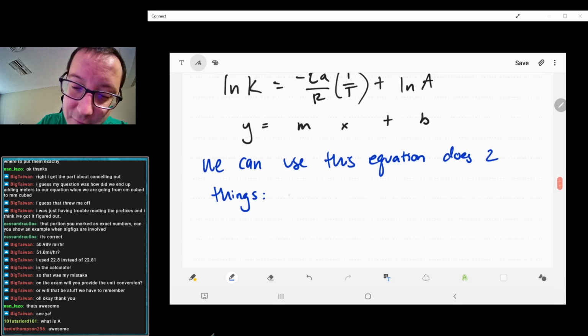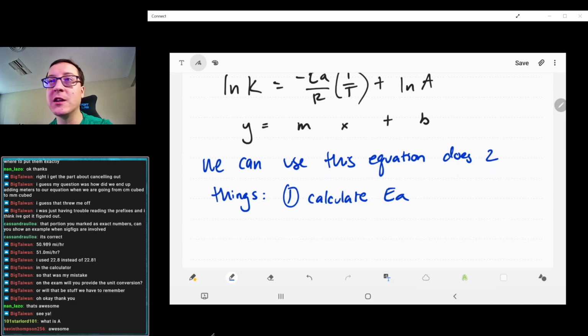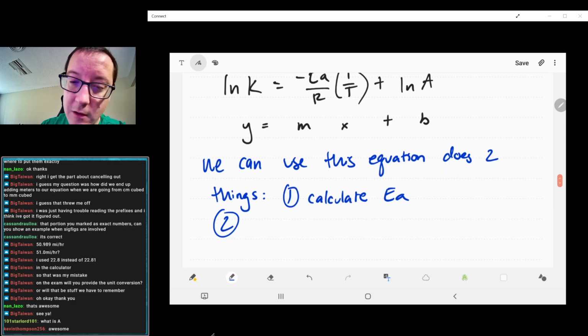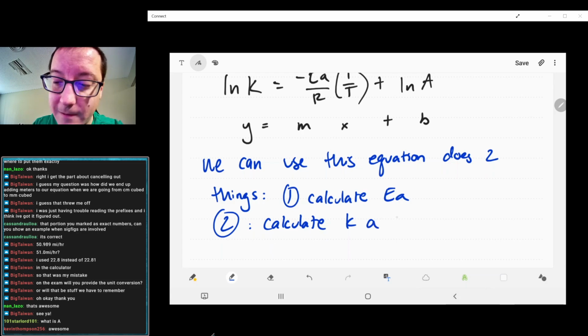We can use it, first of all, to calculate the activation energy for a reaction. Or we can use it to calculate the rate constant at different temperatures.